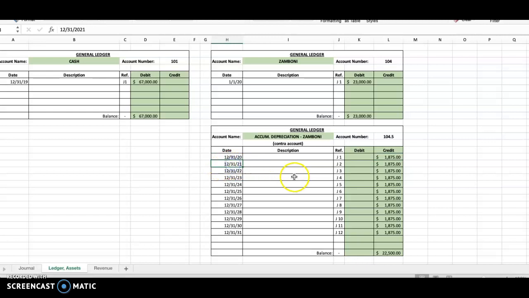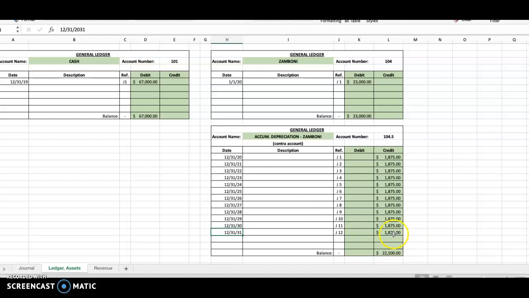At the end of 2021, we would have done the same thing. Debit to the depreciation expense account. You don't see that here, but that would have been the debit, and the credit goes to this account. Once again, the annual rate stays the same. We are using what we call straight line depreciation. So at the end of 2022, 23, 24, and so on, all the way up to the present day, we will assume that this is the end of the year, December 31st, 2031.